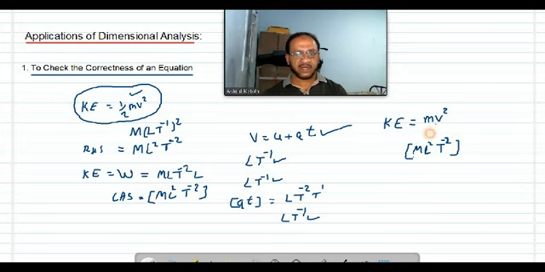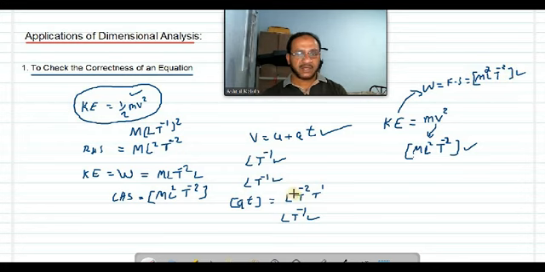And kinetic energy dimension: energy means work done is converted to energy. Work equal to force into displacement, that is force M L t raised to minus 2 into L, so we can write M L square t raised to minus 2. So here also the dimension M L square t raised to minus 2 of the RHS and M L square t raised to minus 2 of the LHS, both are same, isn't it?